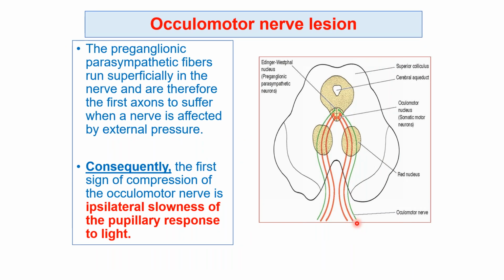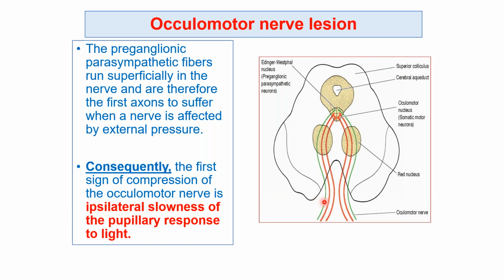The preganglionic parasympathetic fibers, in this representation, you can see when the oculomotor nerve fiber is forming. The component from the motor nucleus, the oculomotor nerve fiber, is medially placed, and this green fiber is the parasympathetic fiber from the Edinger-Westphal nucleus. So these are going to be damaged earlier because they are superficially placed.